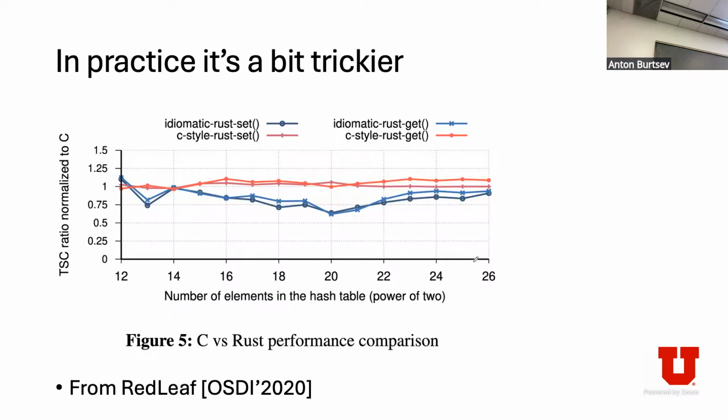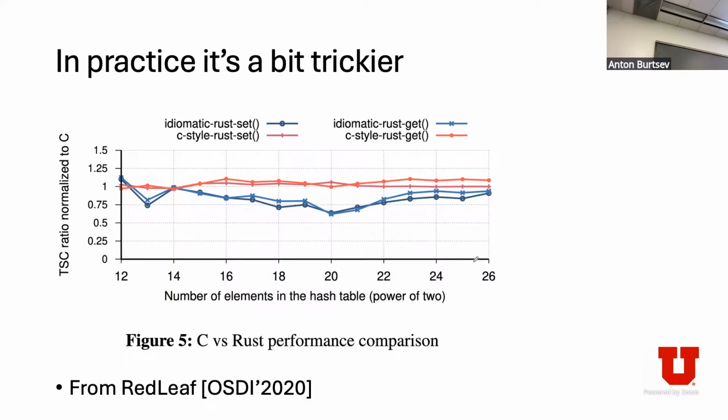This is from our own work, which I mentioned before, Bradley, published at 2020. Here we compare performance of three hash tables. One written in C provides us the reference performance number at 1, and then we normalize performance.